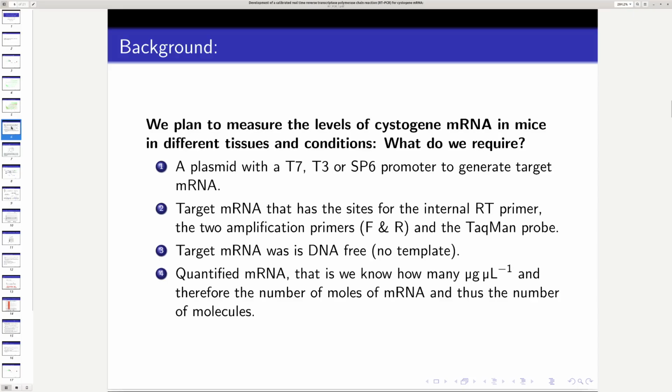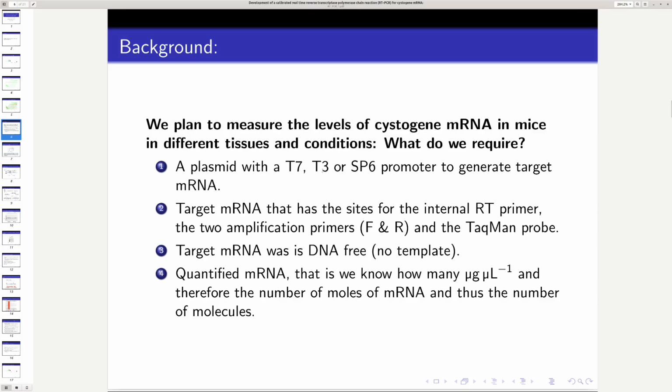So how do we set this up? Well, like all things in molecular biology, you've got to start with the DNA. And what you have to do is make a DNA template that represents the message, a cDNA. We just need a short piece of cDNA from each of the genes, coded downstream of either a T7, a T3, or an SP6 promoter.